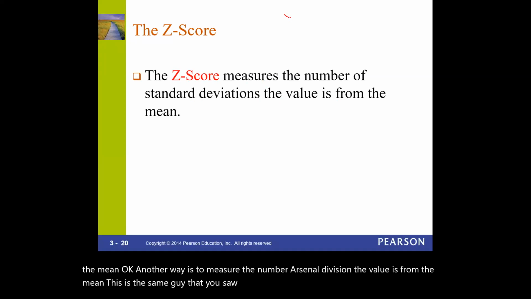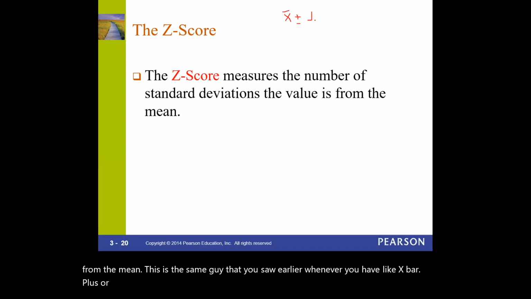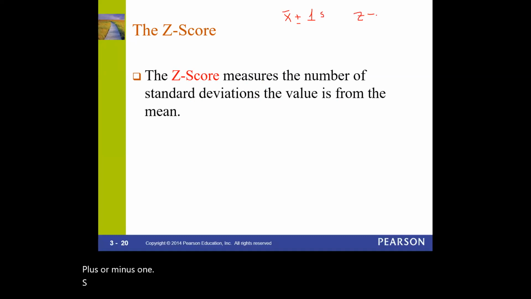Whenever you have X bar plus or minus 1S, here z is equal to 1, or X bar plus or minus 2S, in this case z is equal to 2, and X bar plus or minus 3S, in this case z is equal to 3, okay?